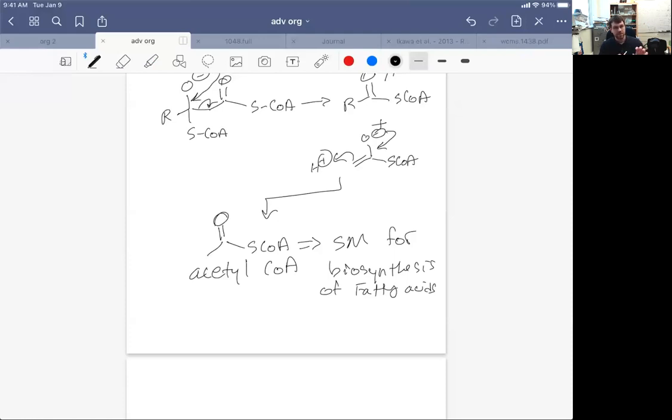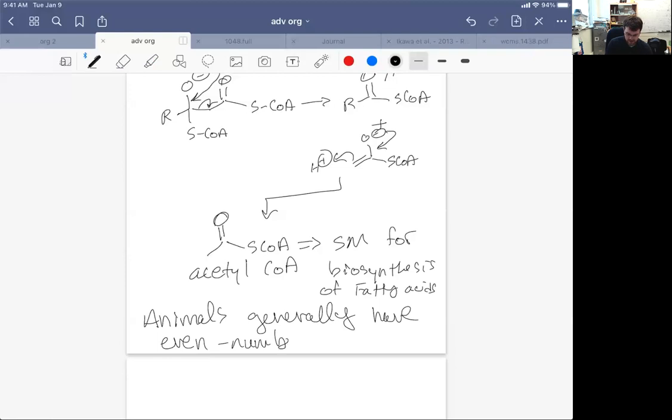But what I want to point out is because we crack everything down to acetyl CoA, animals generally have even numbered fatty acids.